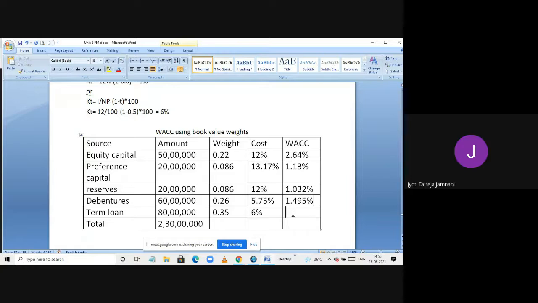Last 0.35 into 6, 2.1. Okay. Total it. 8.397. This is your WACC using book value weights.